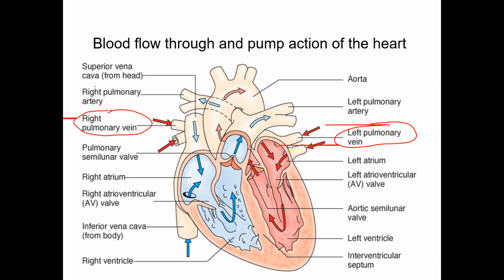And then it shows you the right and the left pulmonary arteries as well, the aorta, and we talked about the whole blue and red circulation. I call it blue and red. I should say deoxygenated, oxygenated circulation.